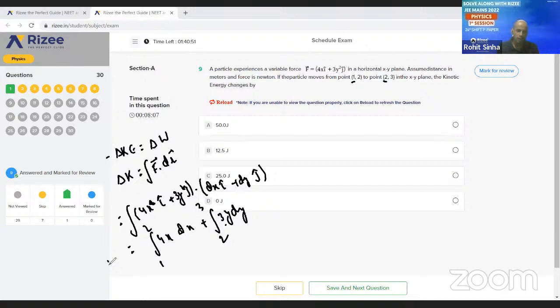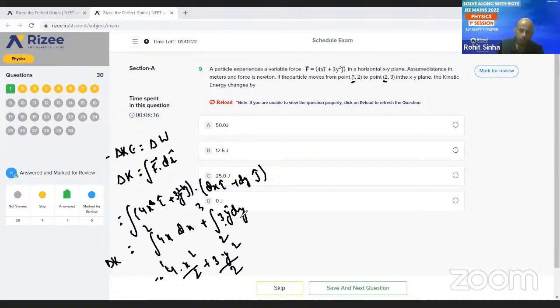Solve this, you will get the value of your k. After solving, you will get the answer like this: 4 into x square by 2, and 3 into y cube by 3, since it was 3y square.